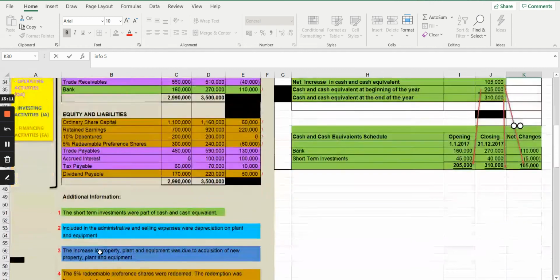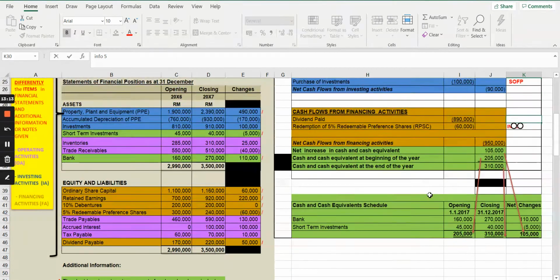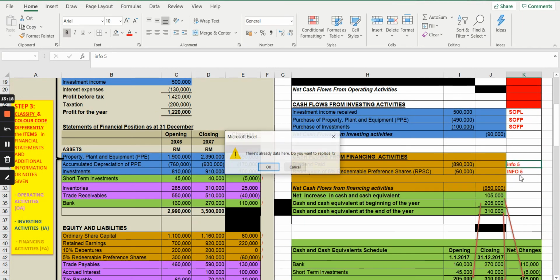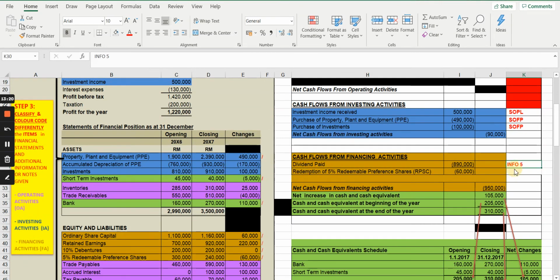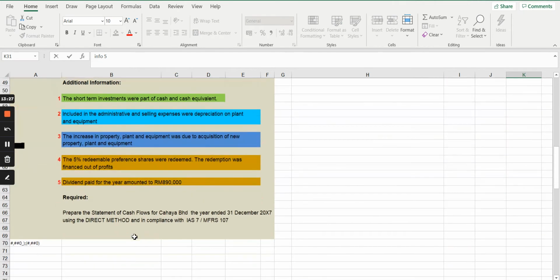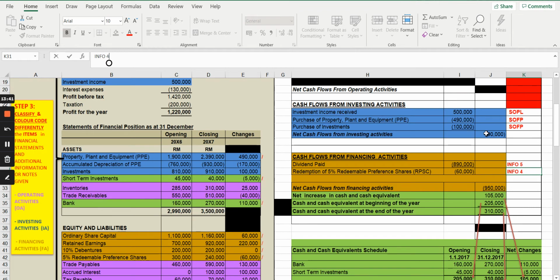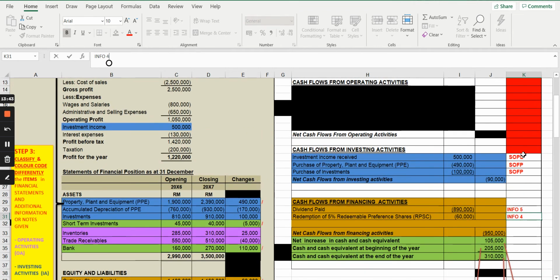Let me check. Number 5, so this one is info 5, and this one is info 5 and info 4. Doesn't really matter, just for a cross reference so that you can check.